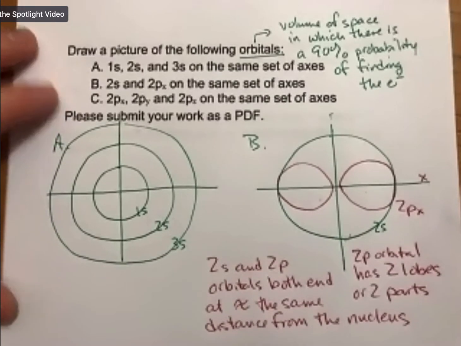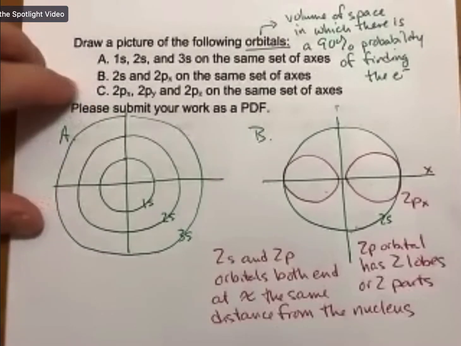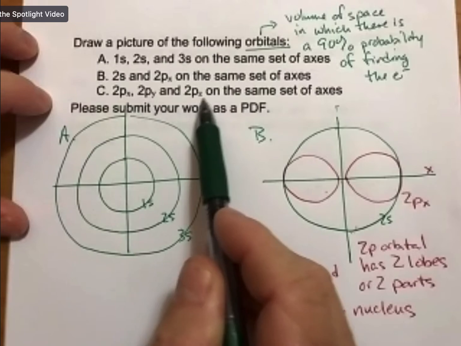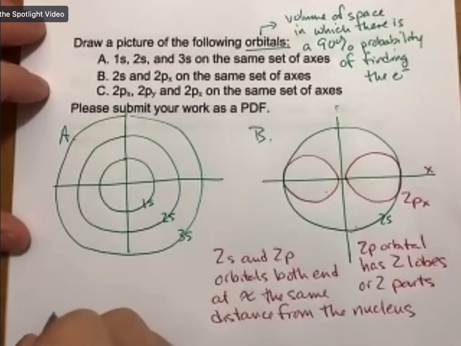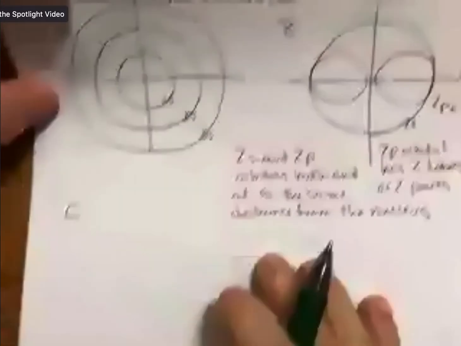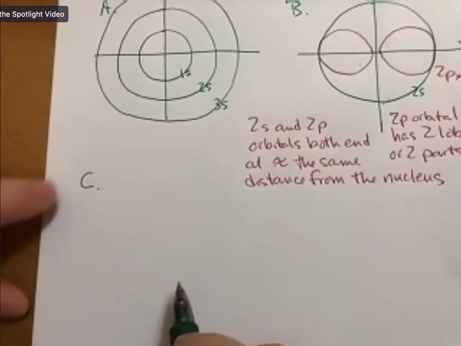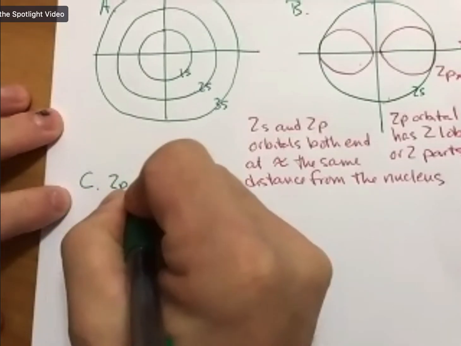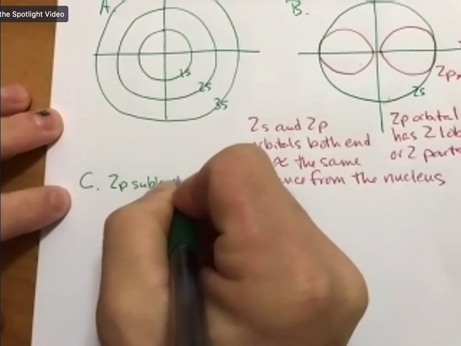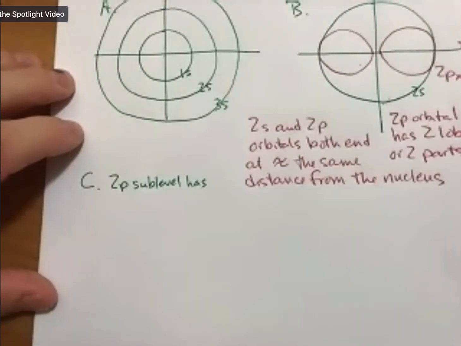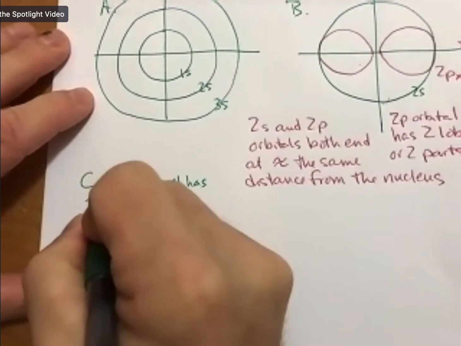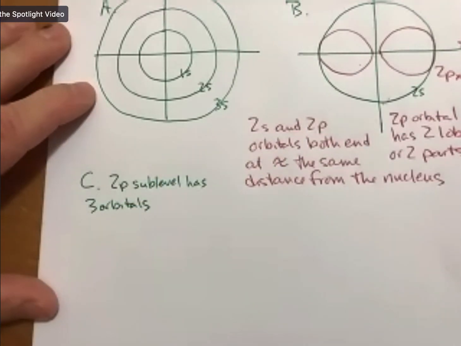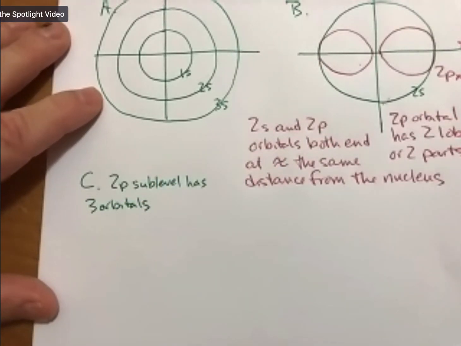Now for C, it says, draw the 2px, the 2py, and the 2pz orbitals on the same set of axes. I'll do that down here. And just to remind you, the 2p sublevel has 3 orbitals, and each orbital holds 2 electrons, so for a total of 6 electrons.